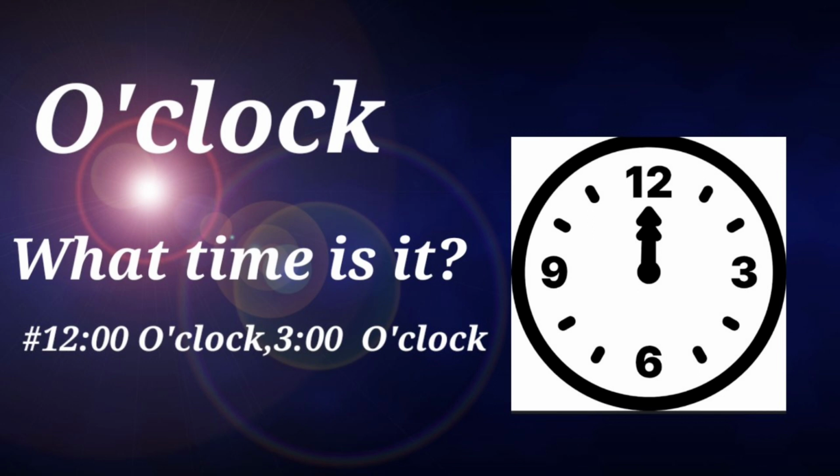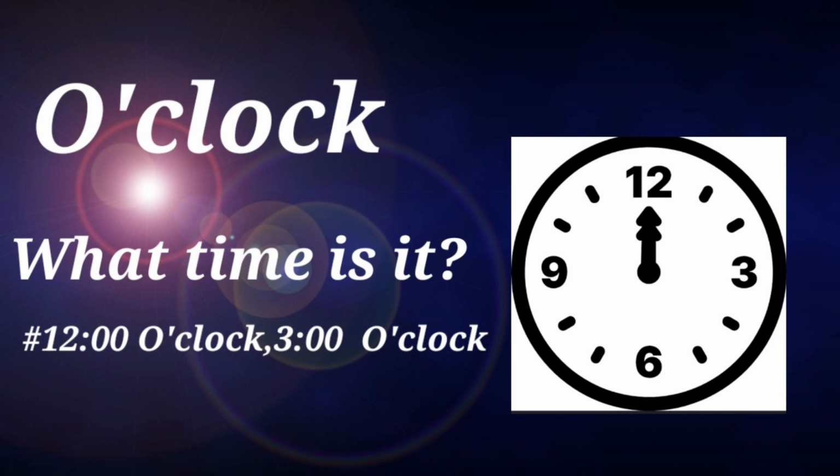There should be no minutes. So you will have to use the word o'clock while mentioning these times. Suppose it's 12 o'clock, 3 o'clock, 5 o'clock, 6 o'clock. So you will have to use o'clock for this type of time.